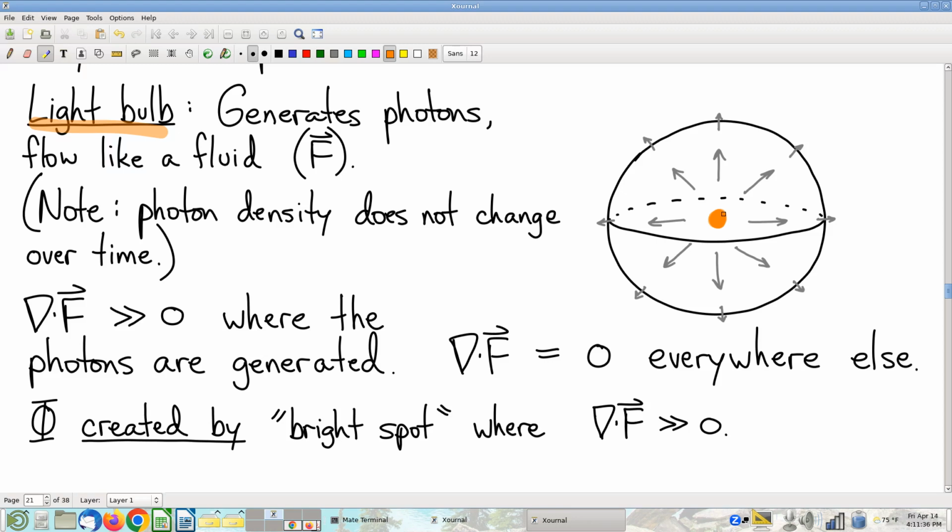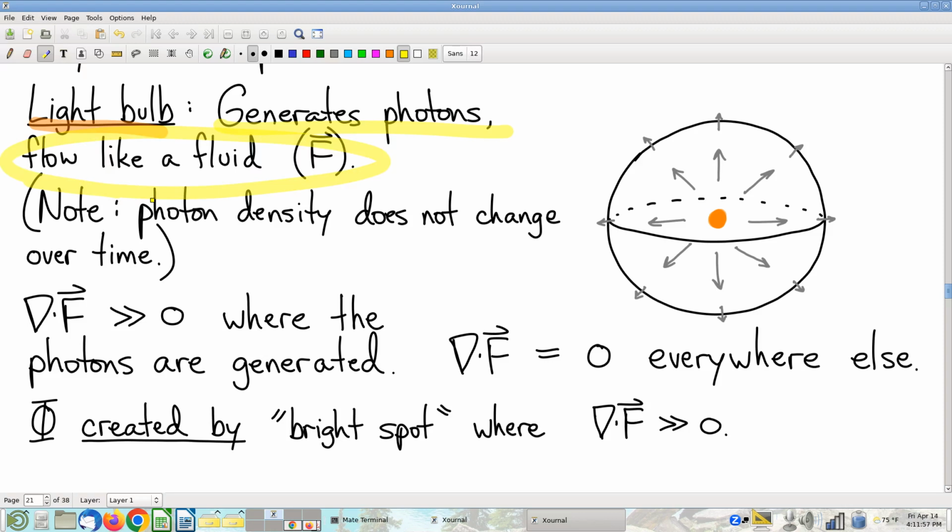At the center of this sphere, let's say. And what does a light source do? Well, it generates light, aka photons. A little physics for those of you who haven't seen that before: light is communicated through little particles, surprisingly. These little particles are called photons, and they all kind of flow together.